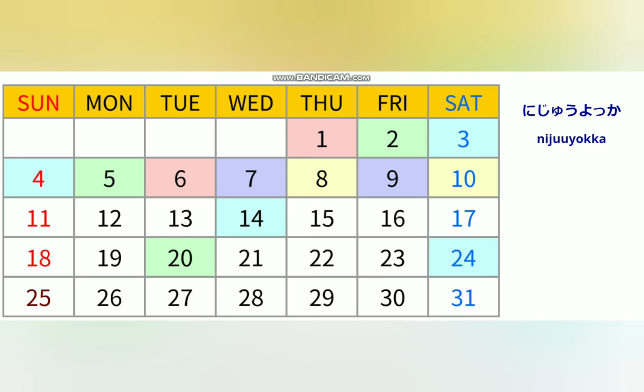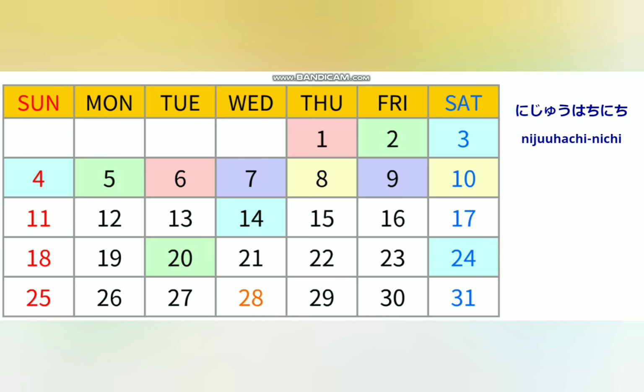Now the 25th, 25日, nijuugo nichi. Again, nijuugo nichi for the 25th. Now 26, 26日, nijuuroku nichi. Again, 26日. 26. Now 27, 27日. Again, 27日 for 27. Now 28, 28日.